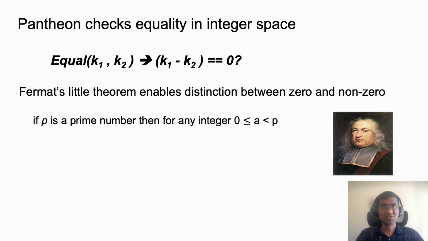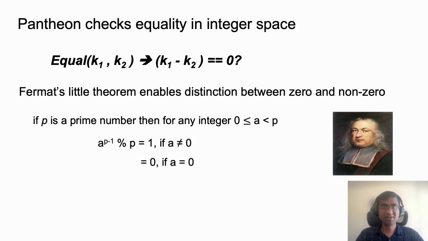Fermat's Little theorem allows us to derive that if p is a prime number, then for any positive number a smaller than p, a raised to the power p minus 1 mod p equals 1. On the other hand, if a is 0, then a raised to the power p minus 1 mod p is always equal to 0.